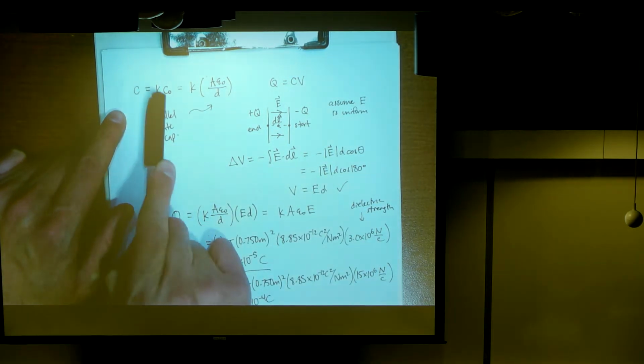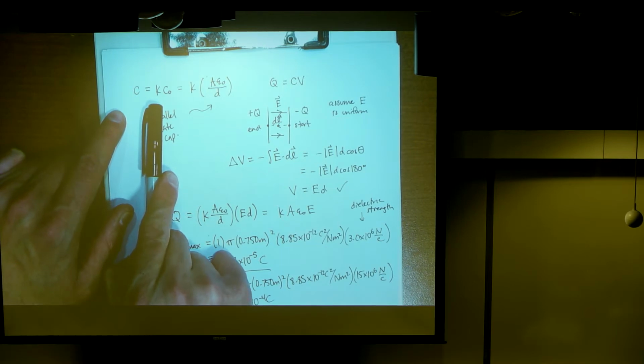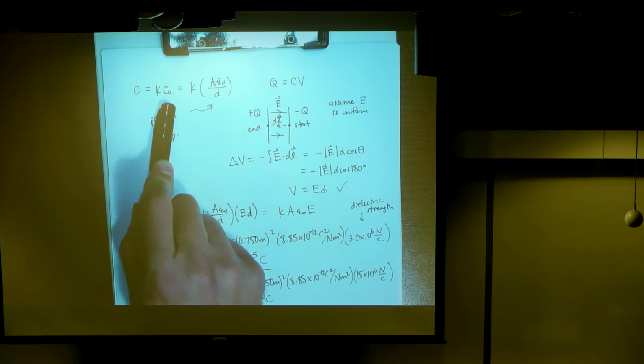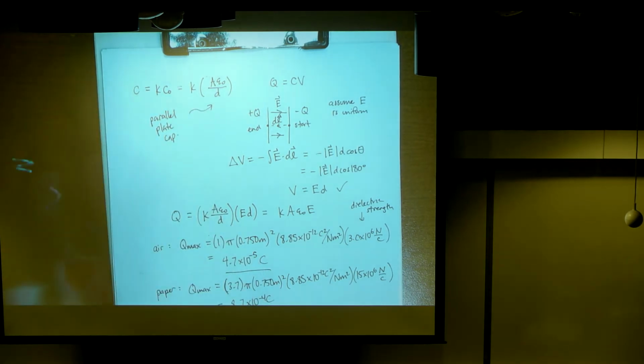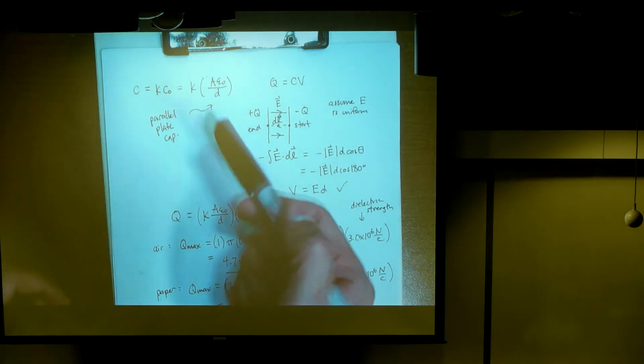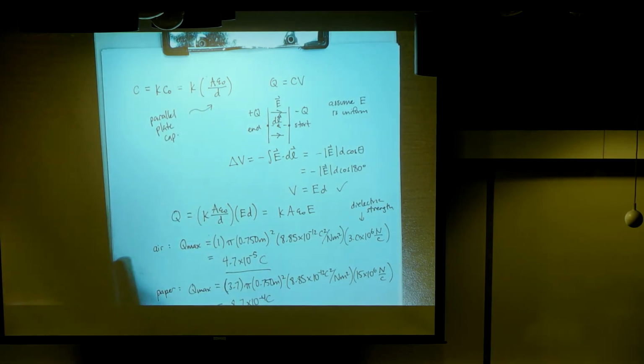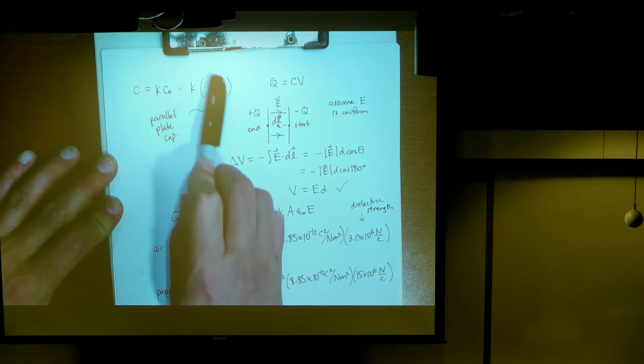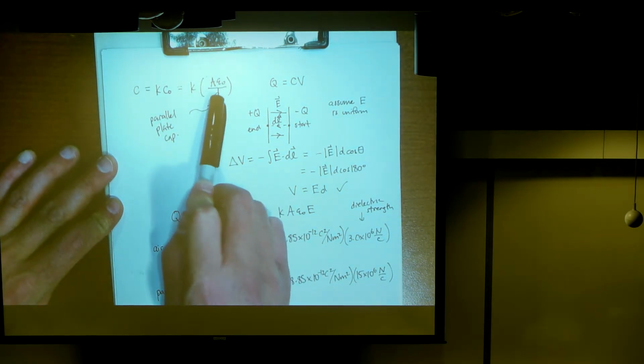Your capacitance is equal to K, your dielectric constant, times C naught, which assumes a vacuum. So K just tells you what factor you need to multiply by in order to get the correct capacitance, given that it's filled with some material and not vacuum. Okay, so all I did was take that K constant multiplied by our previously found formula. Okay?